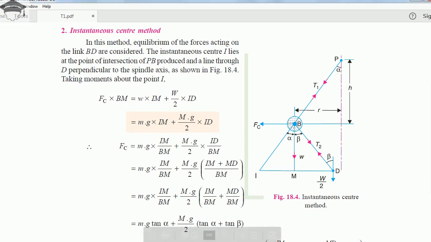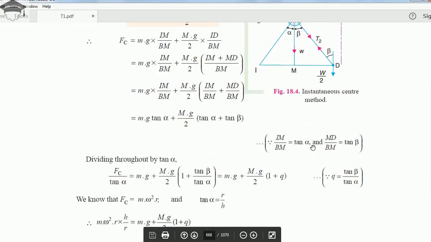Now when we solve further, we divide throughout by tan alpha, so Fc upon tan alpha equal to mg plus capital Mg by 2 into 1 plus tan beta upon tan alpha. Again we are taking the value of tan beta upon tan alpha as q. So here it will be Fc upon tan alpha equal to mg plus capital Mg by 2 into 1 plus q.